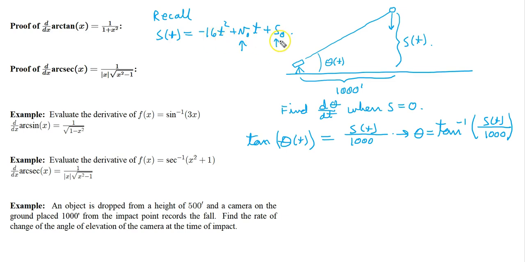Now this is in the English system. If this were in the metric system, that 16 would be 4.9. So the units here are feet. Those are the units for s of t here.